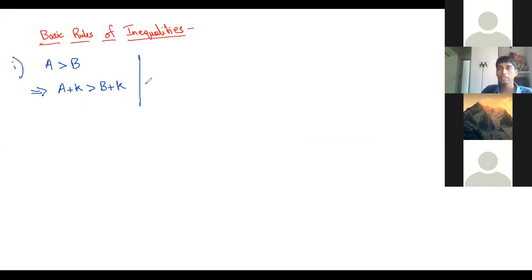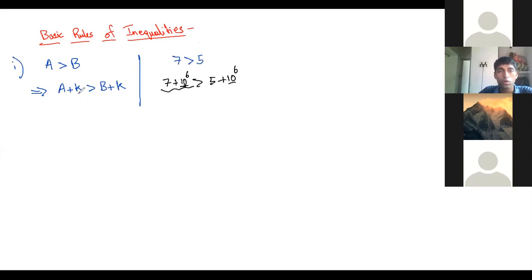The easiest way to understand is to take an example. Let us say 7 is always greater than 5. See, 7 is two numbers greater than 5. So no matter whatever you add to 7, if you add the same thing to 5, then the difference is always maintained. Even if you add 10 power 6 to 7, and also add 10 power 6 to 5, still this quantity is slightly greater.